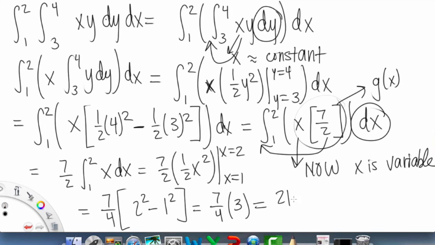So our final answer is 21 over 4. This is a positive value, so this is a positive volume. Alrighty then, now we're going to go on to another pretty important theorem.